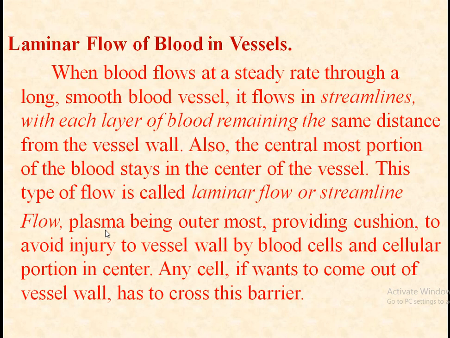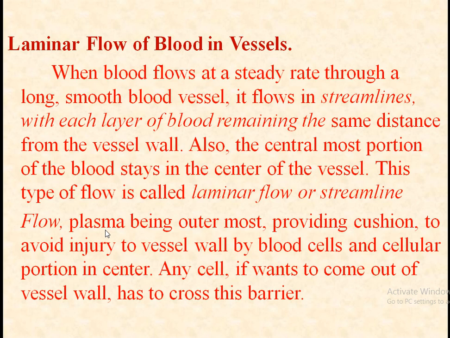So three layers: plasma, central cellular portion, and then again plasma. In simple words, the cellular portion is flowing in the central portion of the blood, while outside that we have plasma all around.